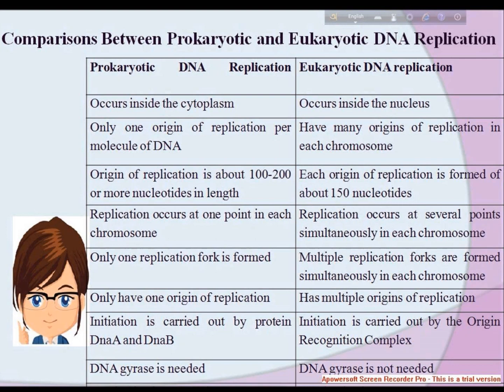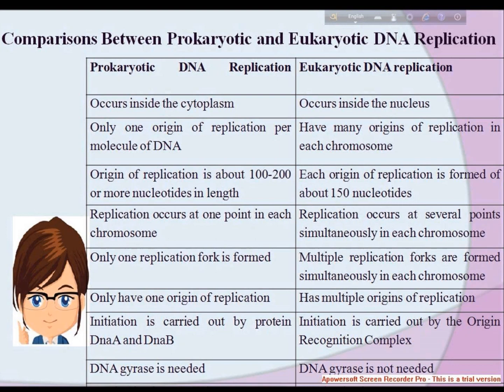In the chromosome of the prokaryote, the replication occurs at only one point, but in the eukaryotic cell, replication occurs at several points simultaneously in each chromosome. Only one replication fork is formed because of the one origin of replication, but in eukaryotic DNA replication, multiple replication forks are formed.